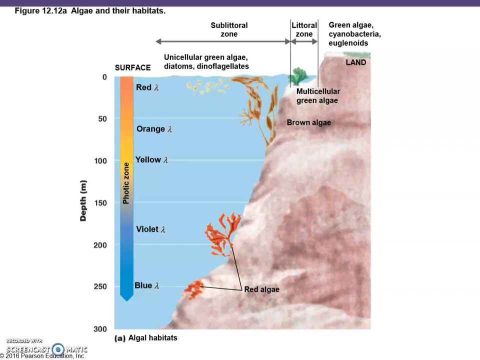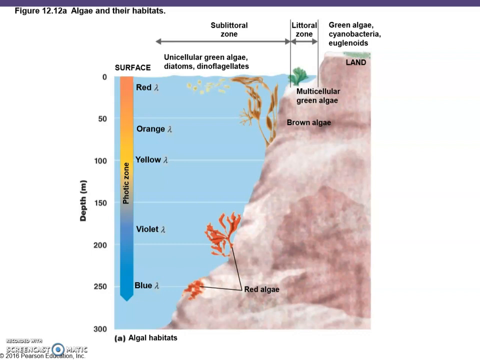So right here on the surface you have more of the red wavelengths absorbed, and then down here more the blue, and so there you find the red algae much deeper. So it all depends on the photopigment that the algae has and how deep these different electromagnetic waves can penetrate through the surface.